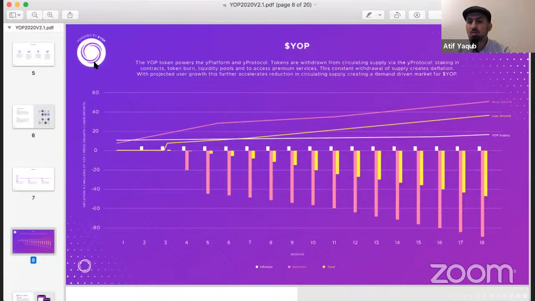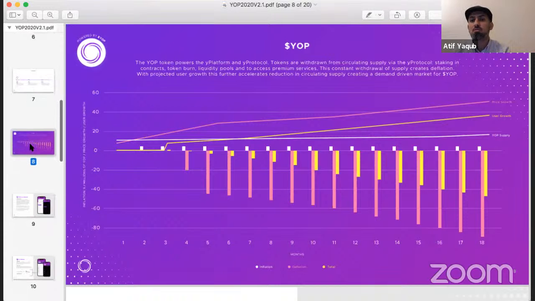And then there's other club services and particular launchpad pools that we'll create with other tokens within the application, and grow the pairs for the Yop token. So from the user growth projected and our functionality within the yield protocol, ultimately it's a net deflationary asset as we go forward, creating a supply and demand situation.